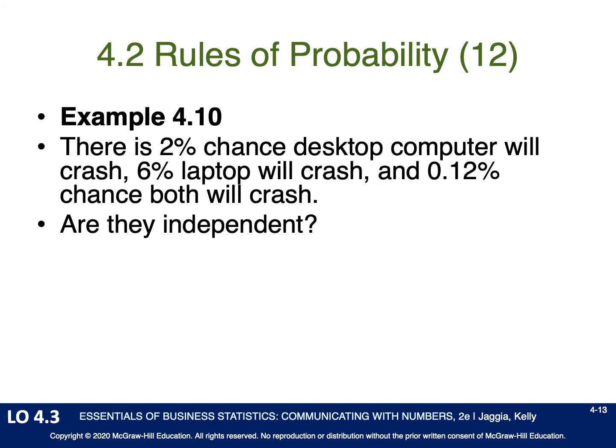So for example, we're told there's a 2% chance a desktop computer will crash, a 6% chance a laptop will crash, and a 0.12% chance that both will crash. So are they independent? What do you think?